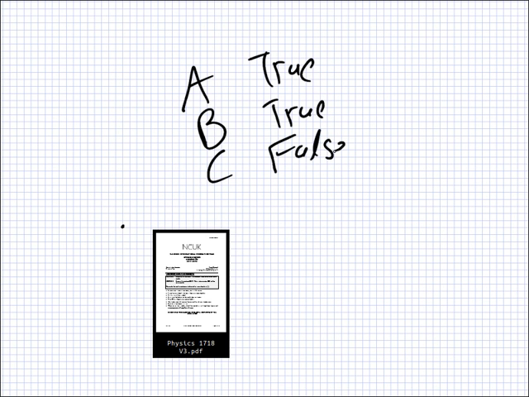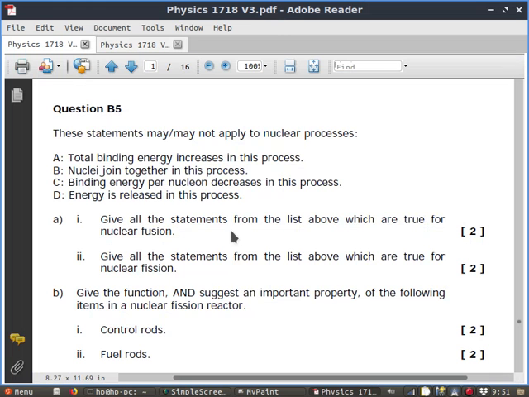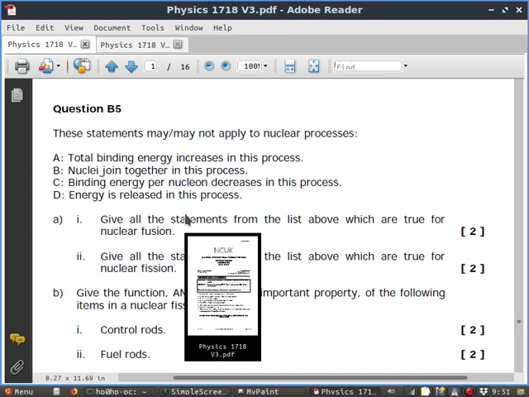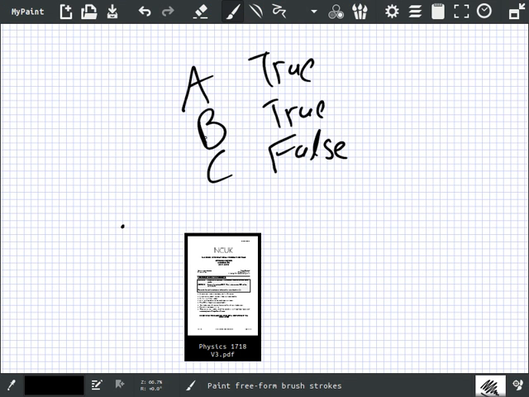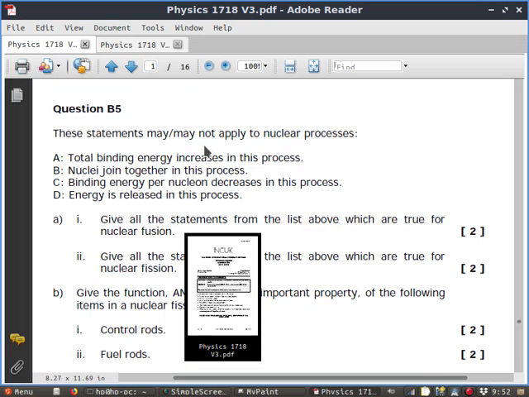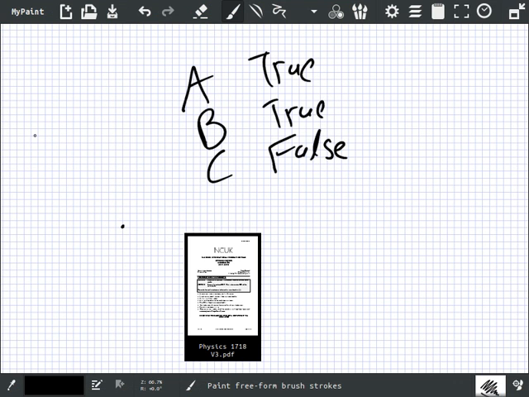What about D, the total binding energy increases in this process? B1 plus B1, I think, is smaller than B2. So decrease. No, increase. I said B1 plus B1 is smaller than B2.